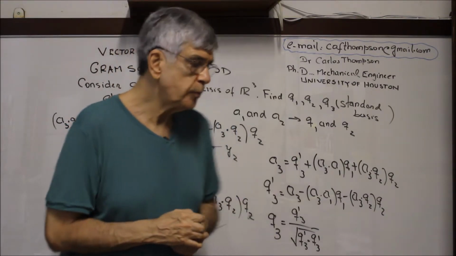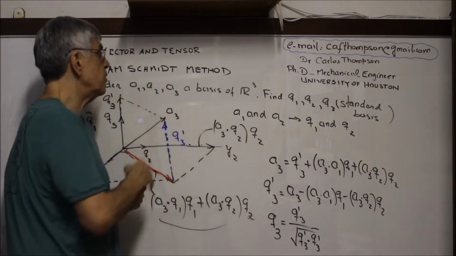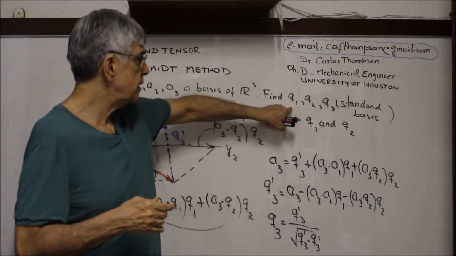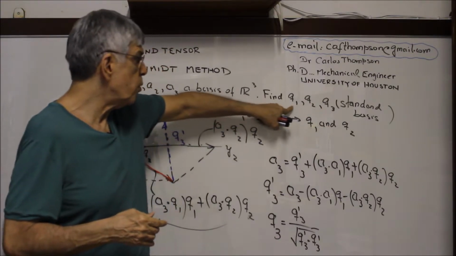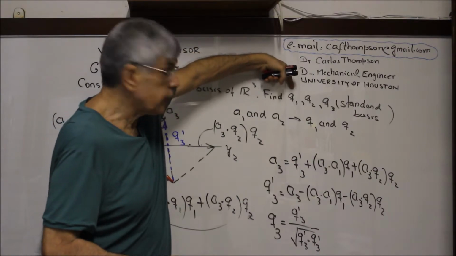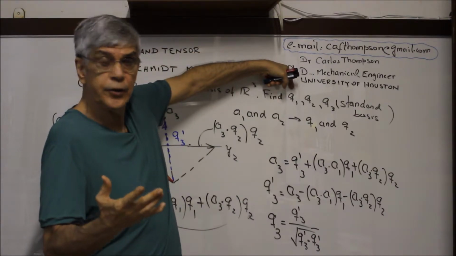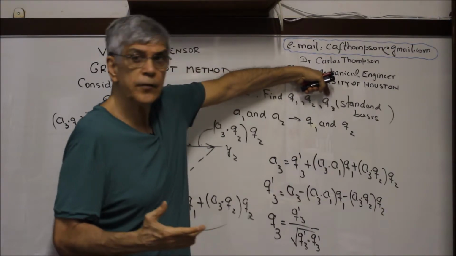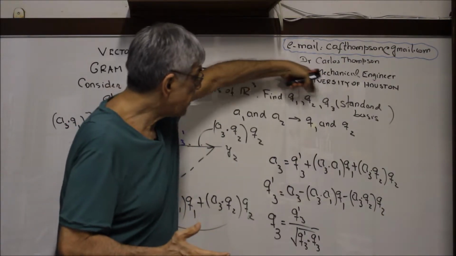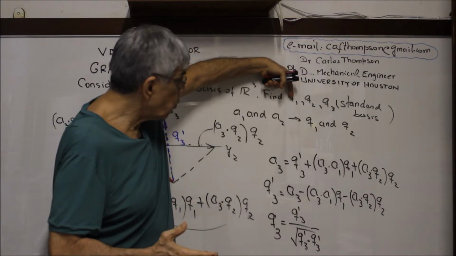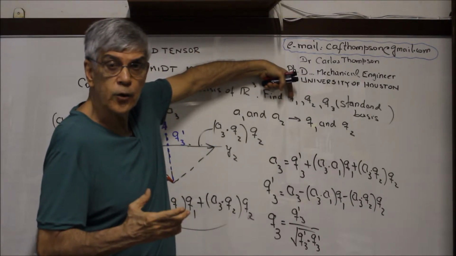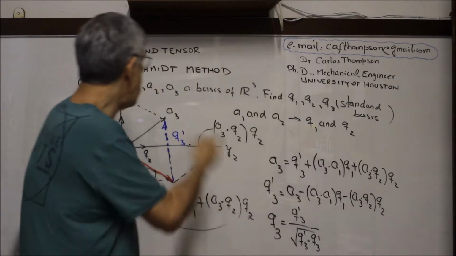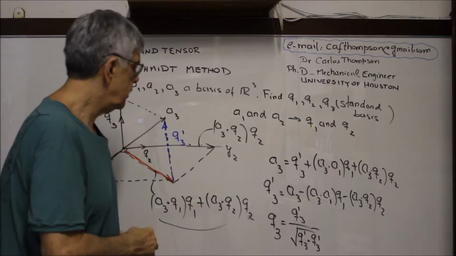That's why the method of GRAM SCHMIDT guarantees that this orthonormal basis, you see, this is a vector. For instance, in R3, I have 3 components for this, 3 components for that, and 3 components for this. Each vector, when you say Q1, I imagine 3 components. Likewise, A1, A2, and A3.